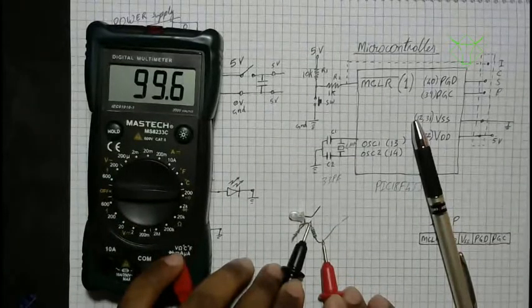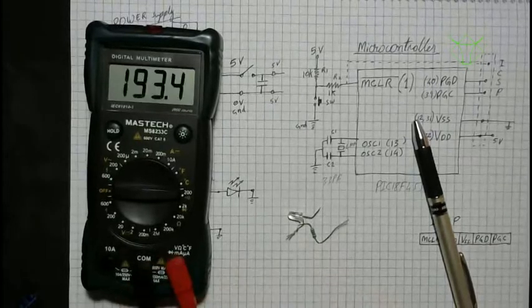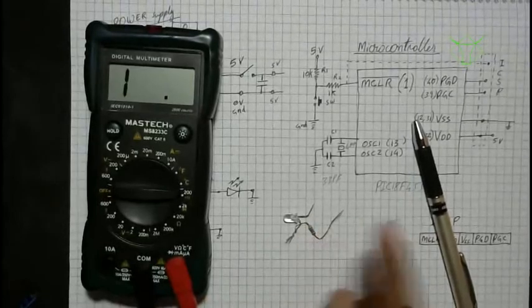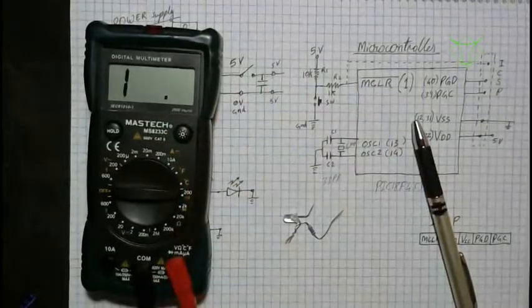This is actually a 100 ohm resistor. When you have a 100 ohm resistor, there will be some error, about 5%. That is why it is showing 99 ohms.